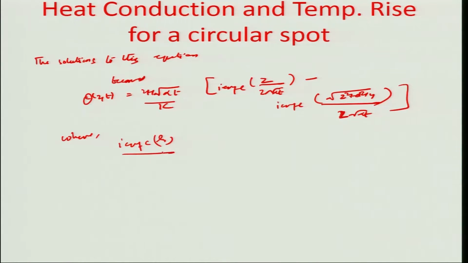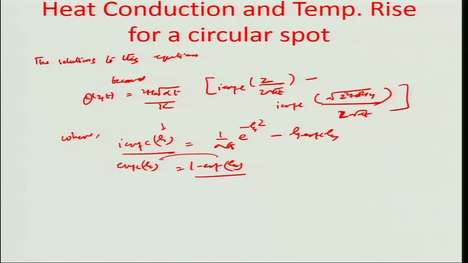this IERFC is only a representation of the error function in general, represented by 1 by root of pi e to the power minus zeta square, minus zeta ERFC zeta, where ERFC zeta is again represented as 1 minus ERF zeta. So it's only a representation. You know that the error function is a numerical integral of any value. ERF zeta is given by twice root of pi divided by root of pi, integral 0 to zeta e to the power of minus x square dx.